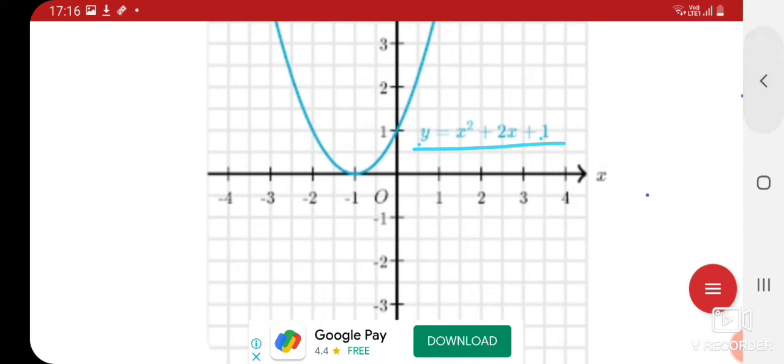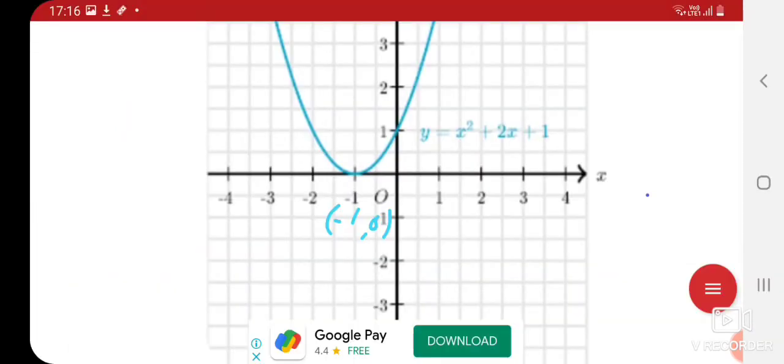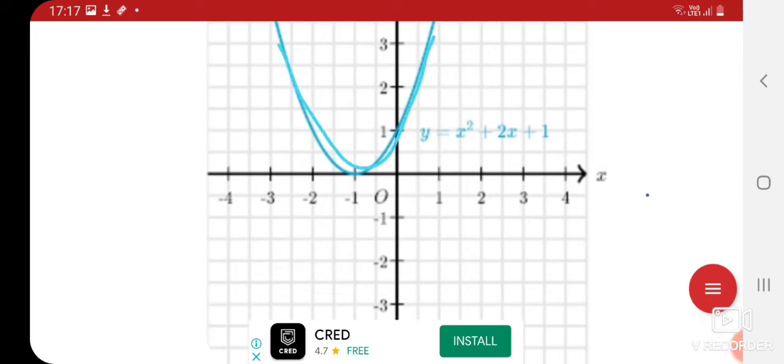Now simply we will again form a relation between x and y. Let's say that when you are drawing a perpendicular from here, that means when you are drawing its axis, what axis is? Axis is a line which divides this quadratic graph into two halves.